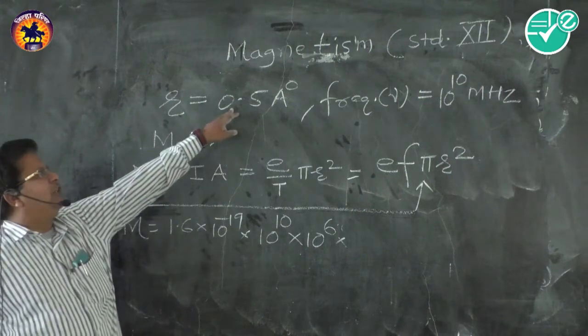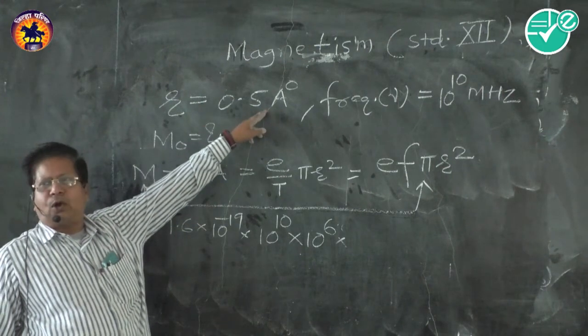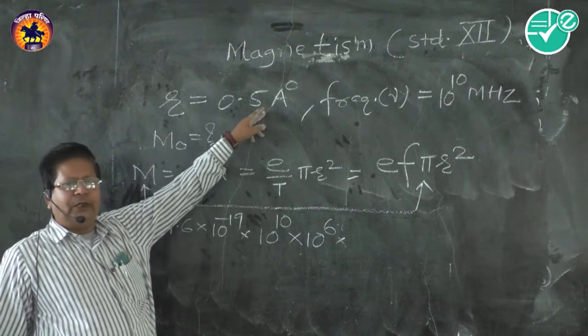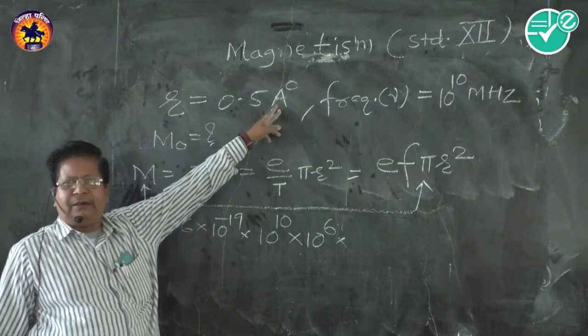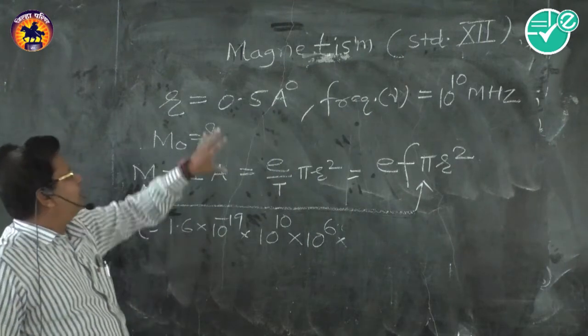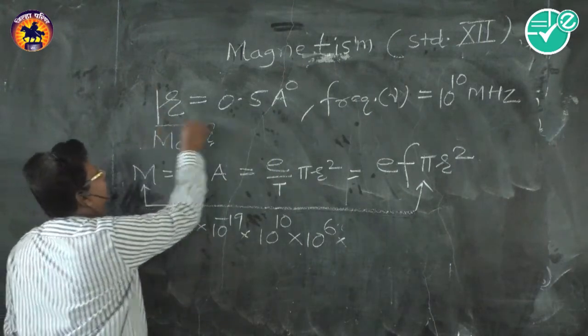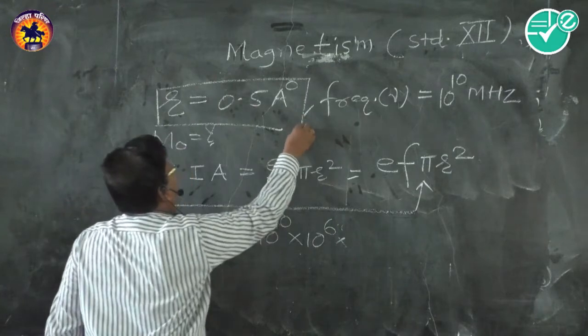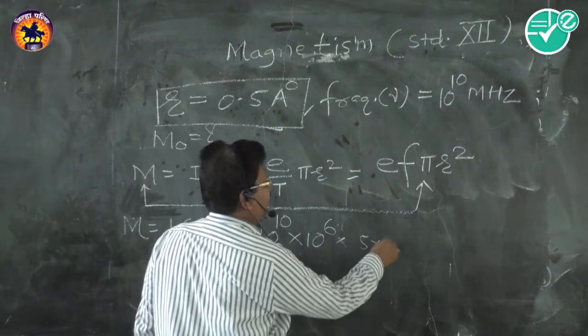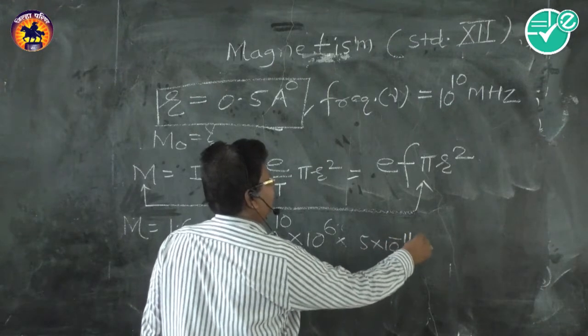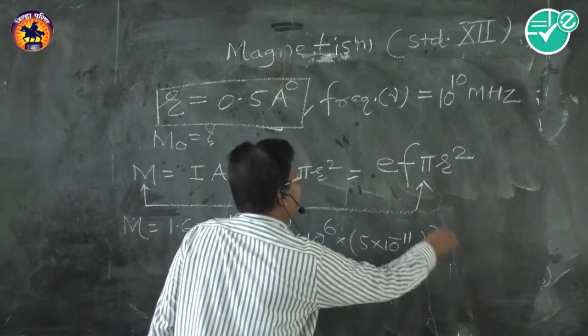And the radius is given as 0.5 angstrom unit. Again, we know that 1 angstrom unit is equal to 10 to the power minus 10 meter, and therefore this radius 0.5 angstrom unit can be written as 5 into 10 to the power minus 11, in brackets squared.